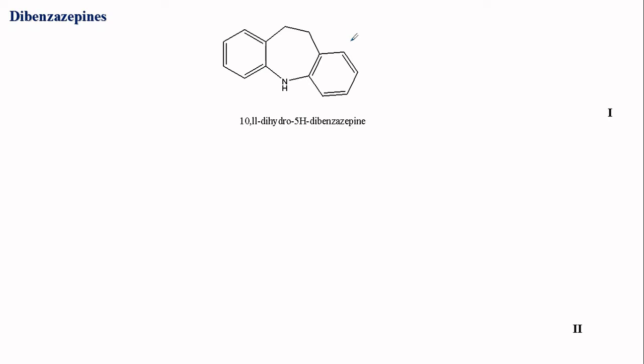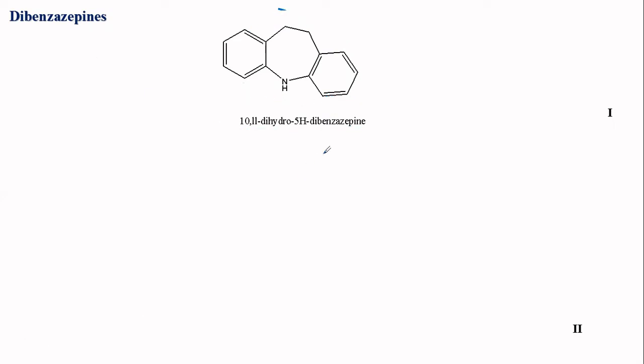In the general structural formula we have also seen that numbering starts from here. So this is 5, 6, 7, 8, 9, and 10 and 11. So this is 10,11 dihydro 5H dibenzazepine. This is the basic pharmacophore, or we can say the main reactant, during the synthesis of carbamazepine.